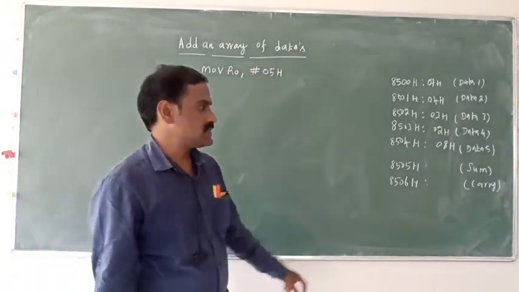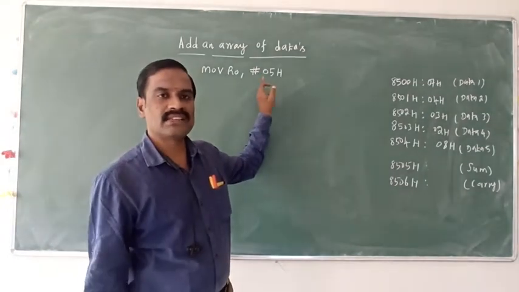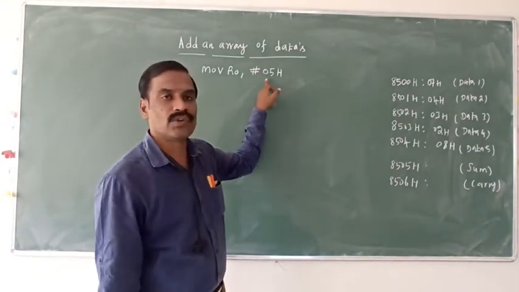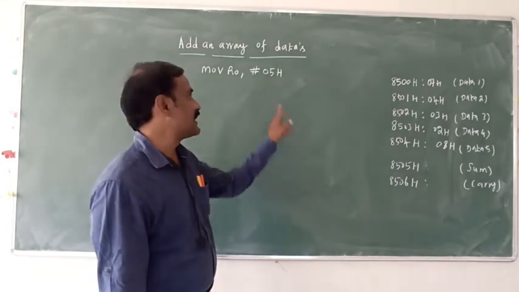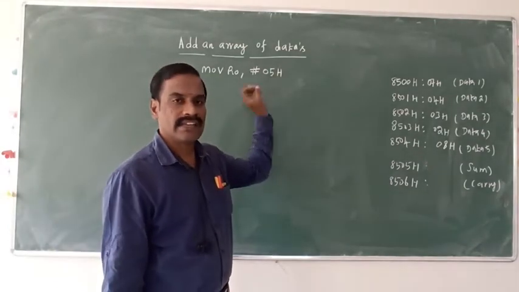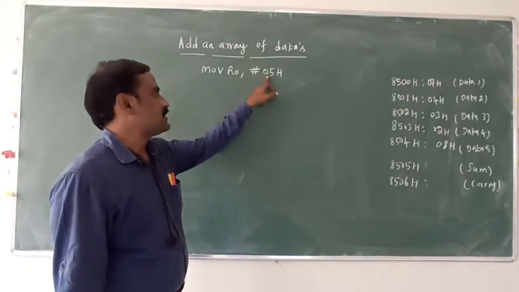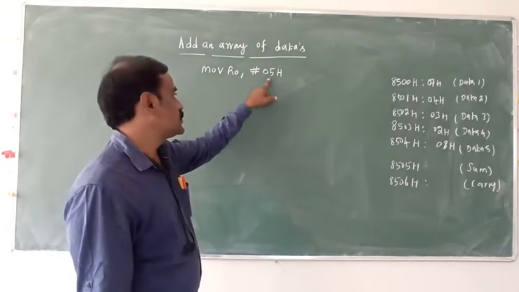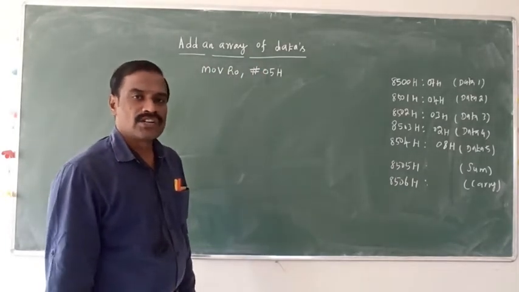For 10 data we fix the counter value 10, the corresponding hexadecimal value 0A. For 100 data the corresponding hexadecimal value is 64. This is the number of data, the counter 05, to load in register R0.